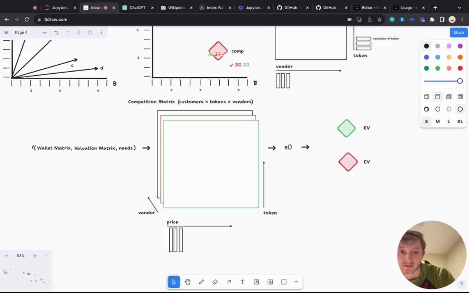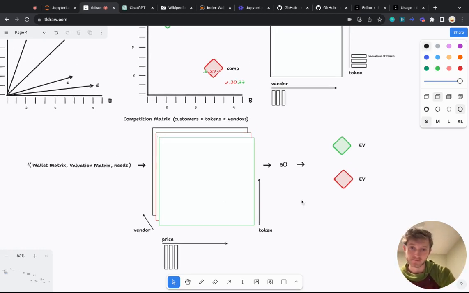So now what it tells you is basically who's going to win. The purpose of this matrix is who is going to win the business.